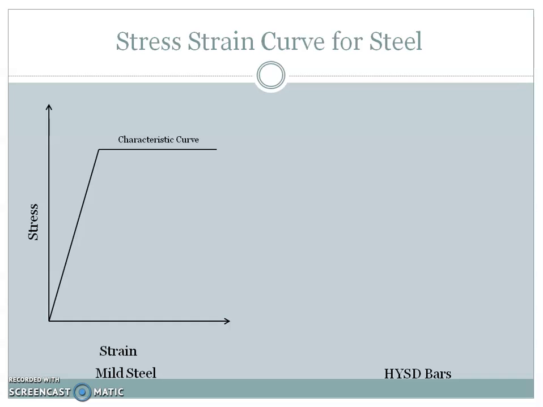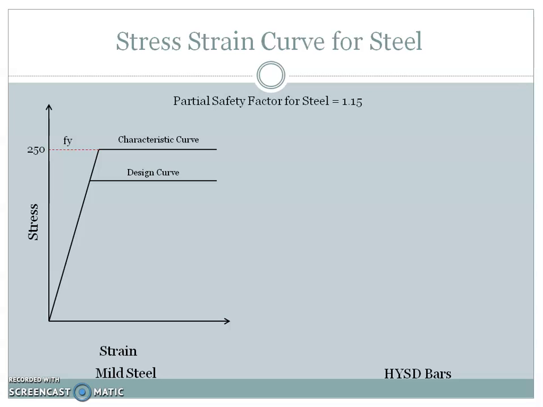Now in case of steel, there is nothing like the influence of size as we assume in case of concrete. Basically steel is an elastic and linear material, and the design curve for steel will be like this. So this is the design curve. Now the partial safety factor for steel is considered as 1.15. Again, this is according to IS standards.